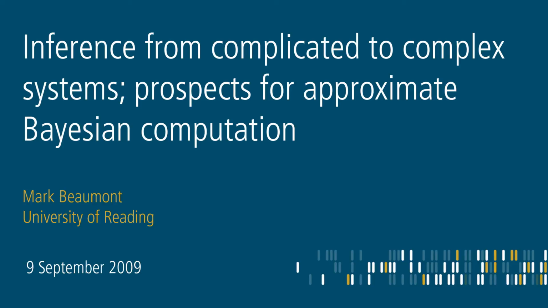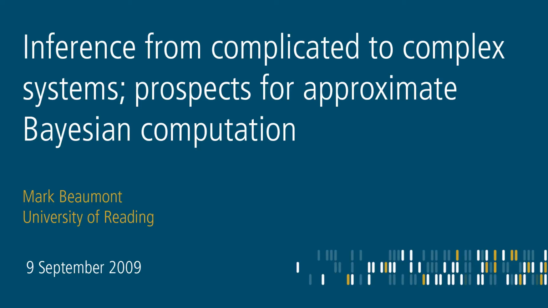And the first paper which really developed a recognizable ABC approach would be the paper by Pritchard et al. in Molecular Biology and Evolution, where they introduced a particular algorithm that I'll talk about in the next few slides.